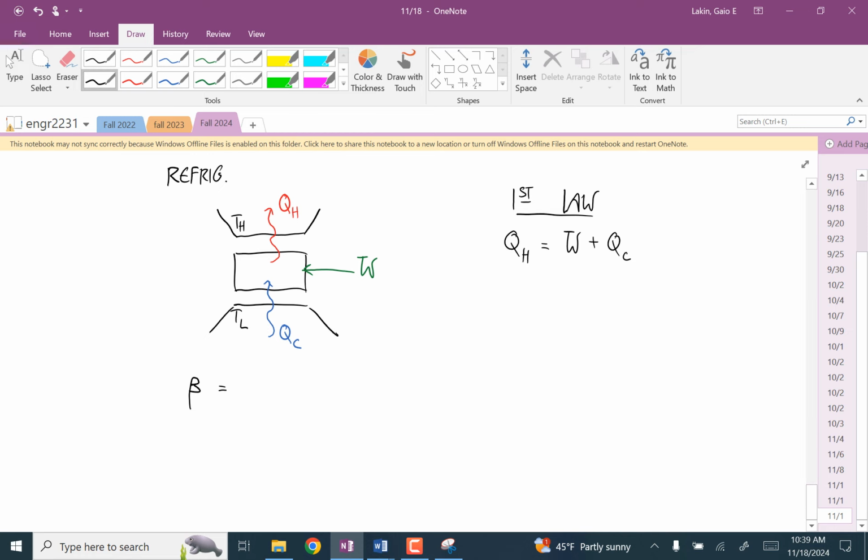So the performance, we're trying to get as much energy out of the cold part as we can. So that's our objective. And then the cost is the work that we're adding to this system. And if we substitute in the first law, we get QC over QH minus QC.